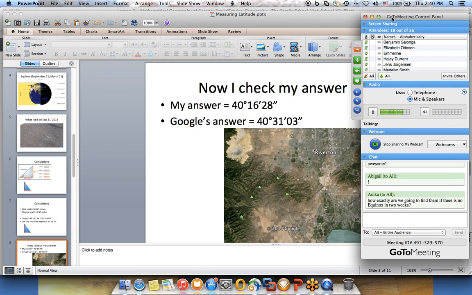Of course, we are not having the equinox in 2 weeks, but we are very close to the winter solstice, or the summer solstice there in La Paz. So you are actually in summer, Annika. I'm going to send you how many degrees you need to correct your shadow measurement.